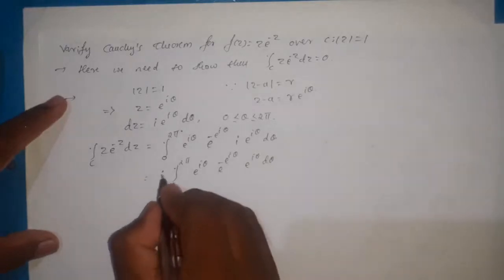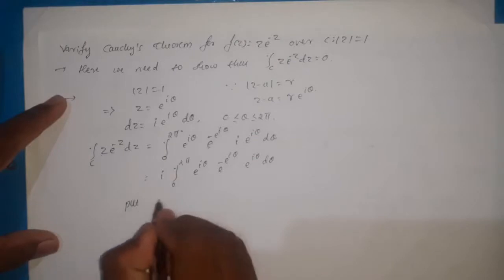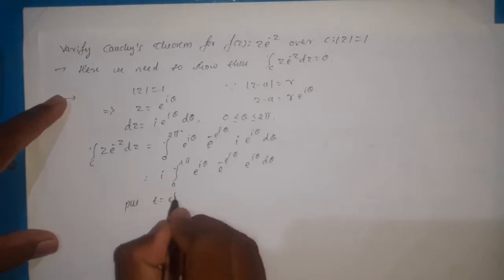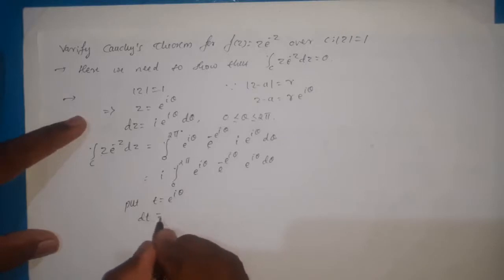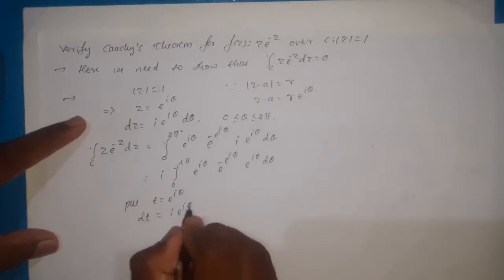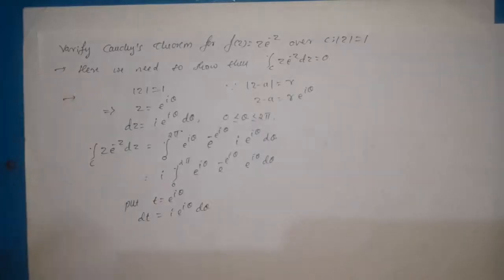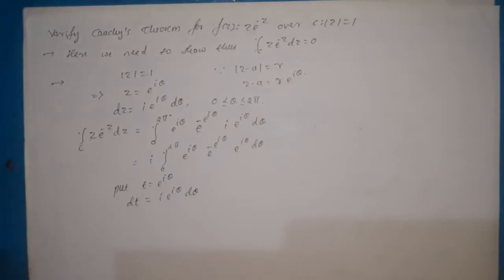So now put t is equal to e power i theta, then dt becomes i into e power i theta d theta. So here we have substituted t equal to e power i theta. Whenever we are changing the variable, the limits also will get changed.